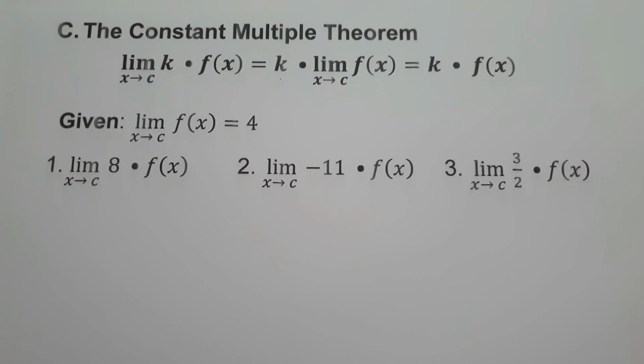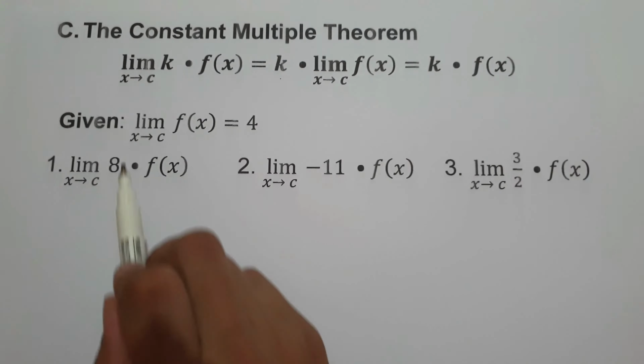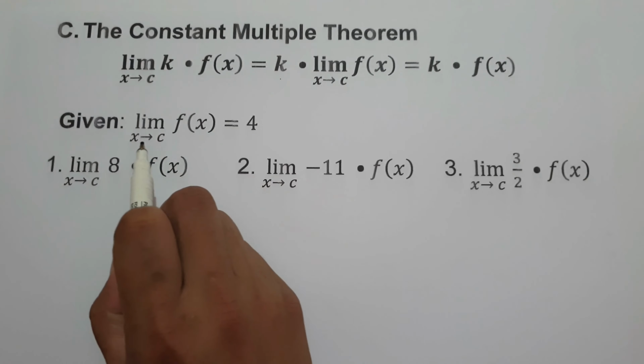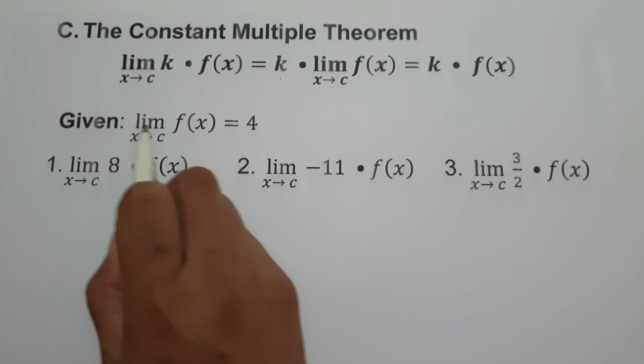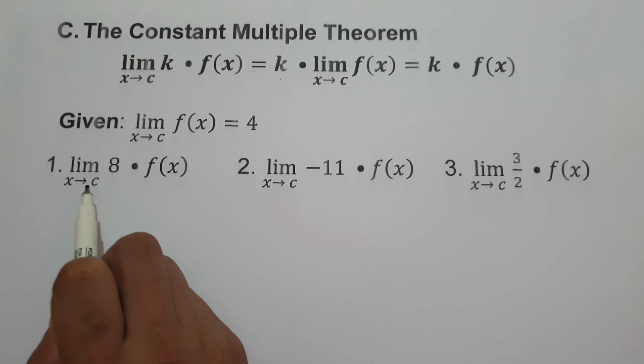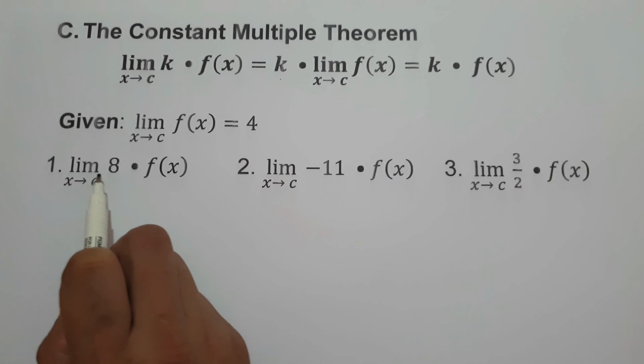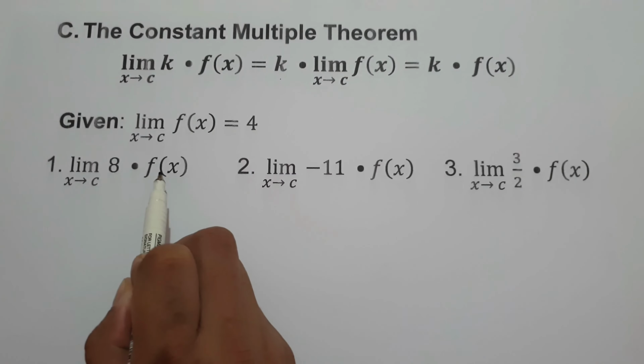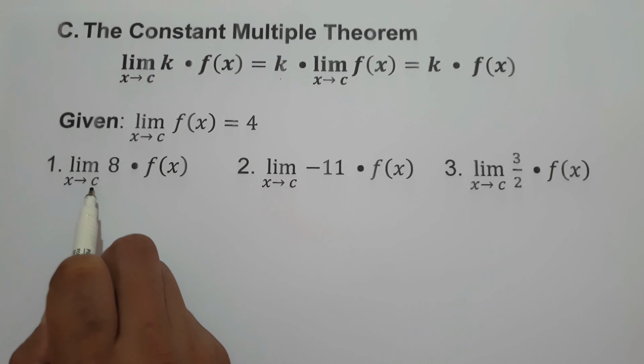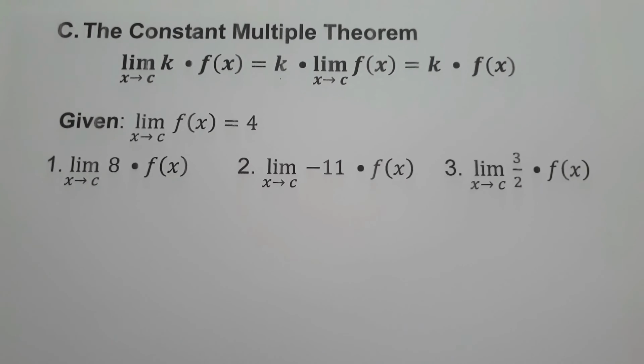For example, if we have the limit of f of x as x approaches c, the value of this limit is equal to 4. On number 1, we have the limit of 8 multiplied by f of x as x approaches c. So how do we simplify this one using the constant multiple theorem?